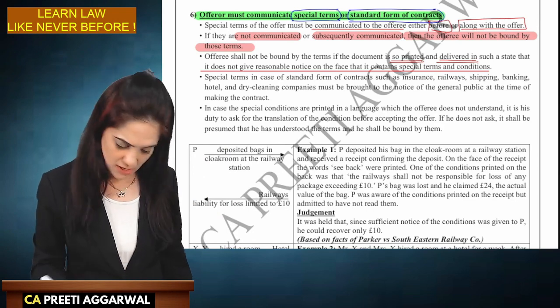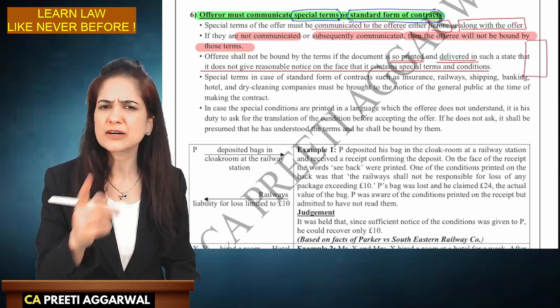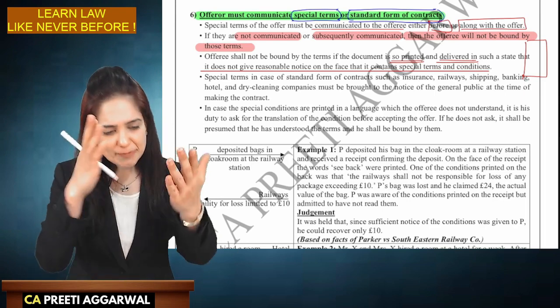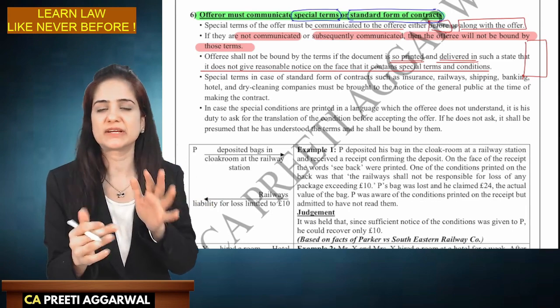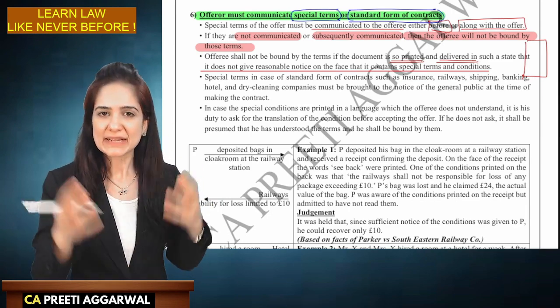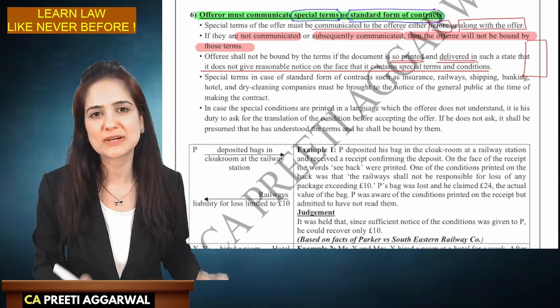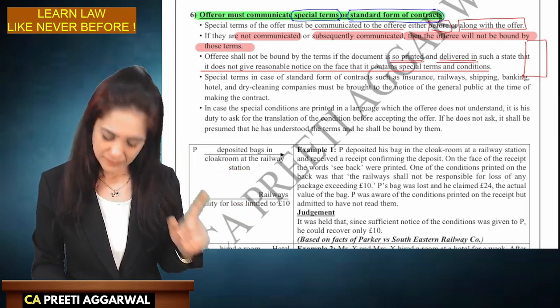No, na? So if suppose there is a printed document, there are terms and conditions, at least mention on the face: asterisk, terms and conditions, read terms and conditions printed behind. At least draw our attention into reading those terms and conditions. If you did not, then we are not liable.